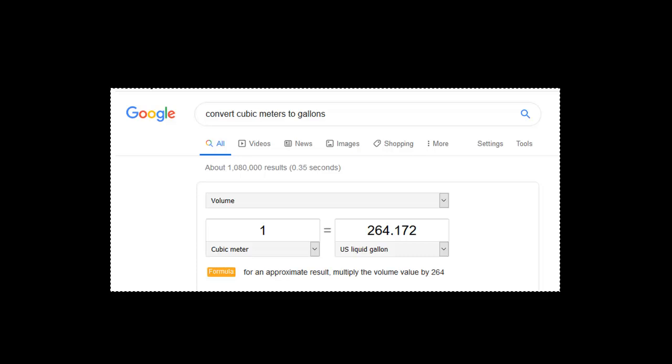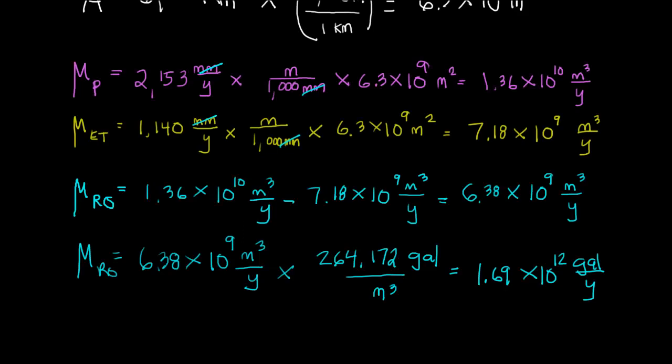So 1 cubic meter is equal to 264.172 gallons. So using that, I get the absurdly large number of runoff equal to 1.6910 times 10 to the 12th. That's what, trillion, 1.69 trillion gallons per year.